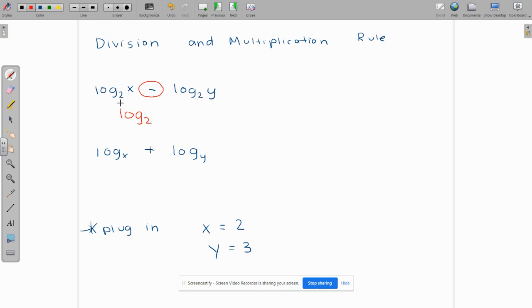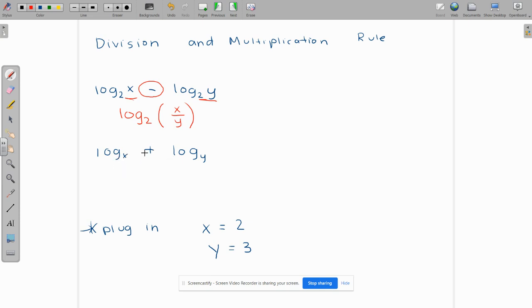Since they're both 2, I can carry down this log base 2, and because of this subtraction, you can divide the x and y. So you'd have x over y. It's basically condensing this into one. You're taking log base 2 of x and log base 2 of y, putting them together, and knowing that since you're subtracting these two logs, you're actually going to be dividing what these logs are of, so x over y.